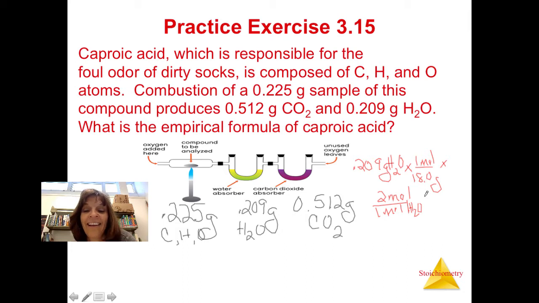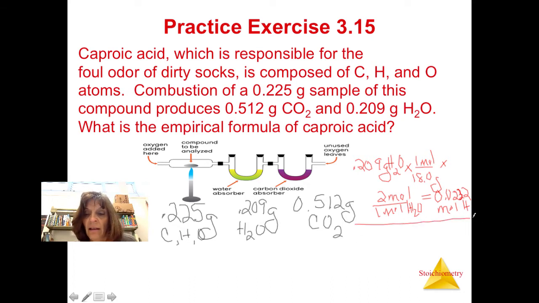Sorry about the mess. Then I can tell that I have 0.0232 moles of hydrogen. Hopefully you got the same number.